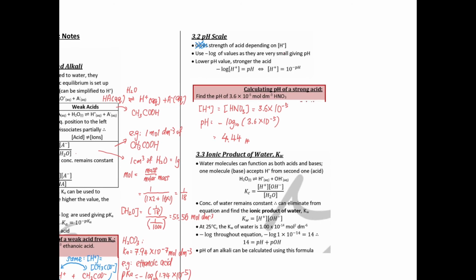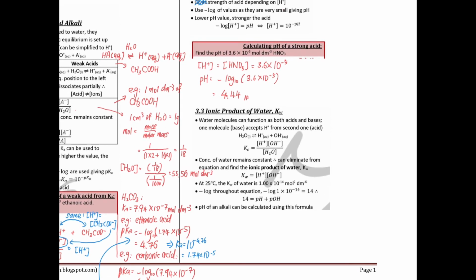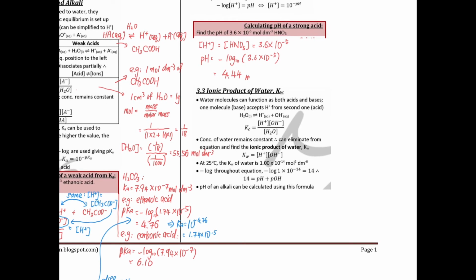Now let's move on. 3.3, ionic product of water. Why do we want to learn about water? Because water dissociates also. Water, same like acid, dissociates to ions. So first point, water molecules can function as both acids and bases.